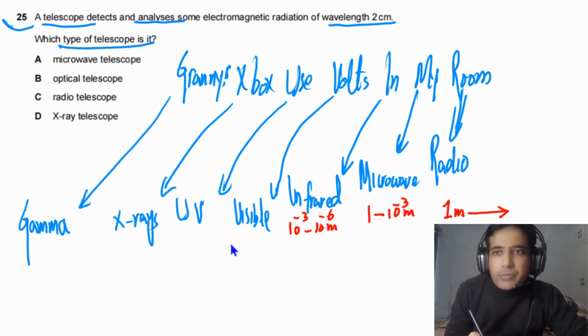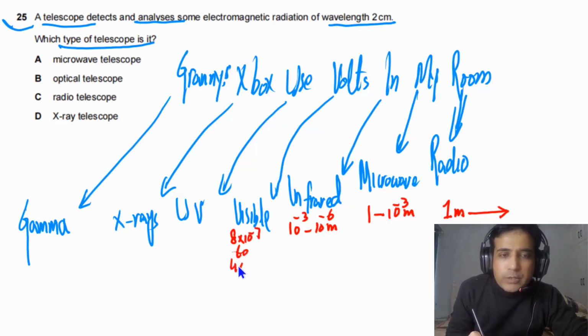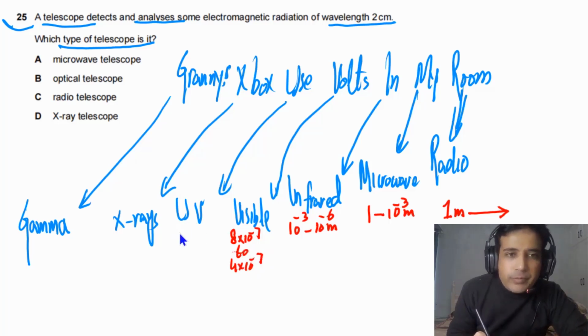And for visible, the wavelength is from 8 times 10 to the minus 7 to 4 times 10 to the minus 7. And UV, the wavelength is from 3 times 10 to the minus 7 to 10 to the minus 8 meters. And X-rays, this is from 10 to the minus 8 to 10 to the minus 12.